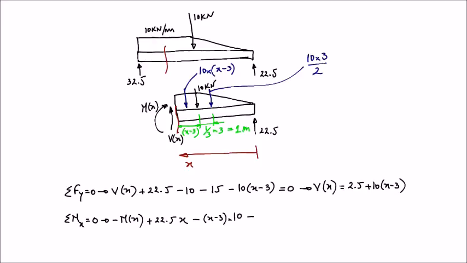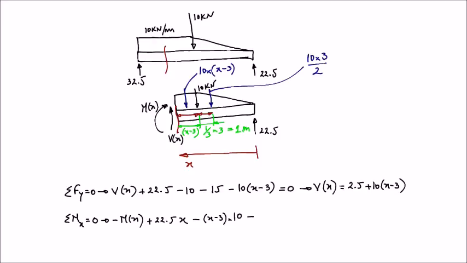this total distance here. I'm going to represent it in red color now. So we need this total distance from here to here, so that we can calculate the bending moment produced by the triangular distributed load. And this distance is x minus 3. So x minus 3 is this, plus 1 meter.